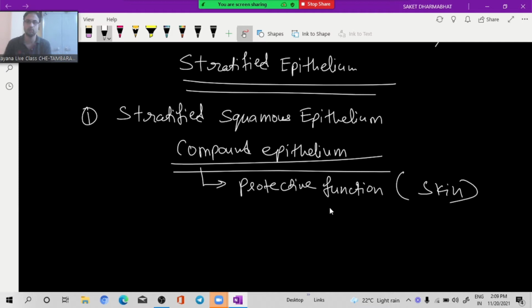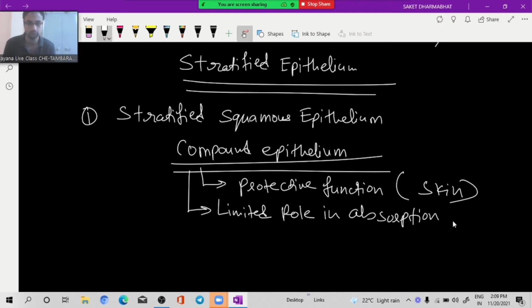Skin is what? Compound epithelium or stratified epithelium. Second thing, they have a minimum or limited role, or no role, in absorption and secretion.